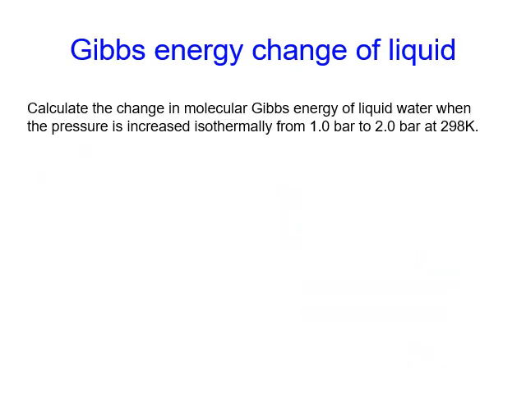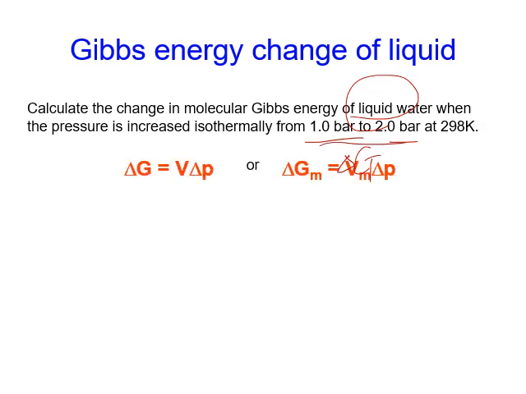Calculate the change in molar Gibbs energy of liquid water when the pressure is increased isothermally from 1 bar to 2 bar. So this is about liquid Gibbs energy change when pressure changes, and the equation we just derived is V times delta P. Because it's about molar Gibbs energy, we use molar volume.